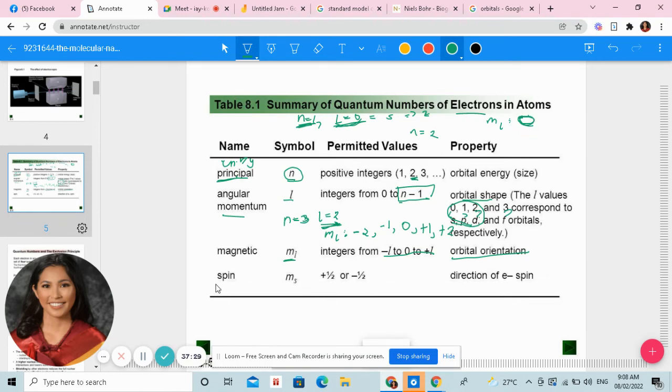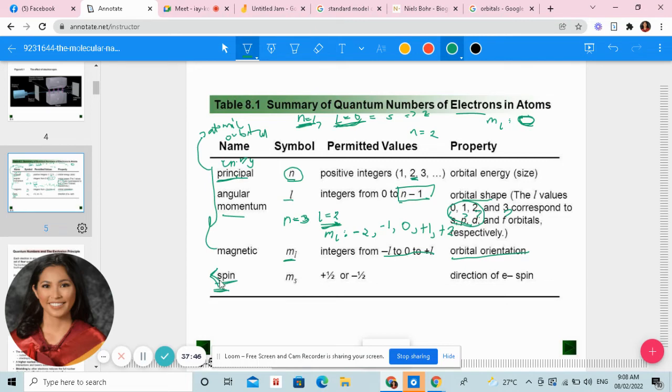Now we also have the spin. All the three talk about the atomic orbital, while the fourth quantum number is for the spin.